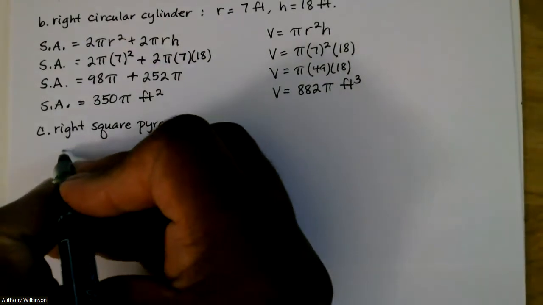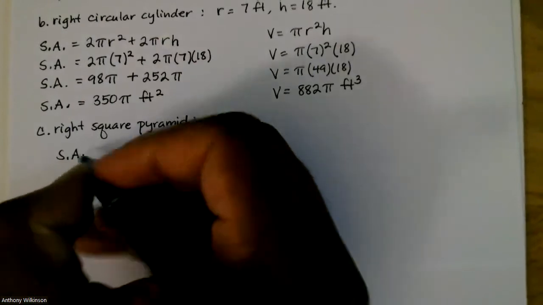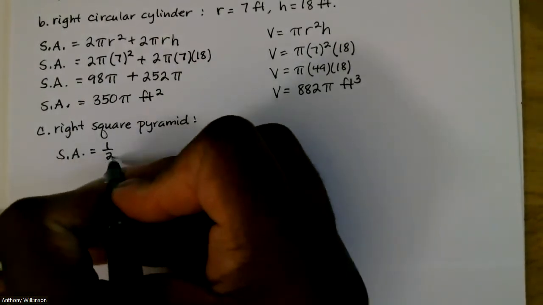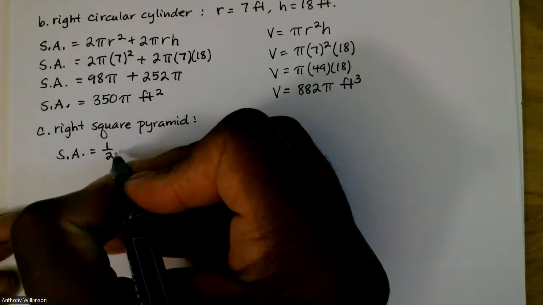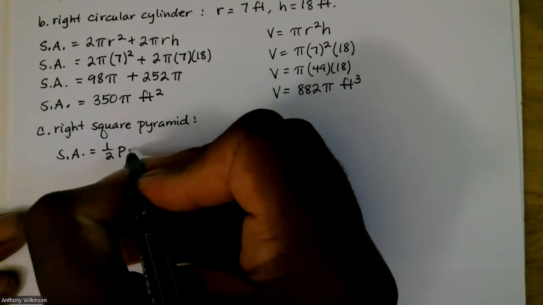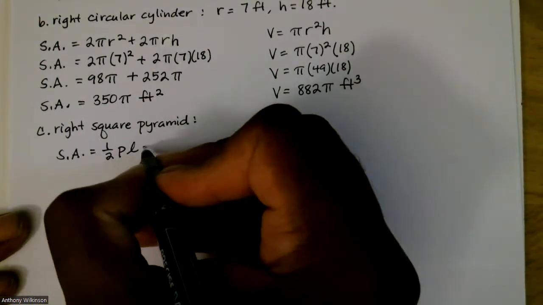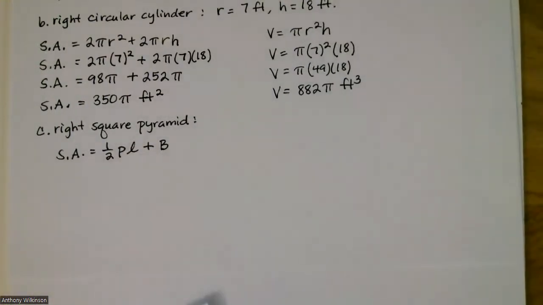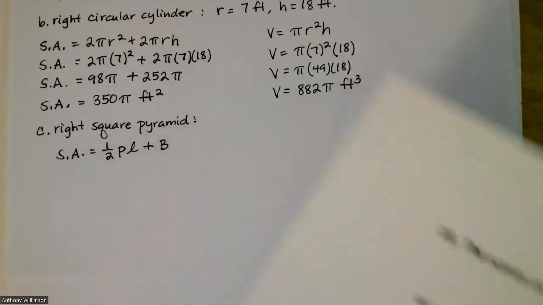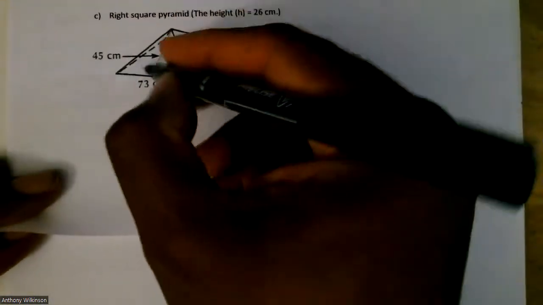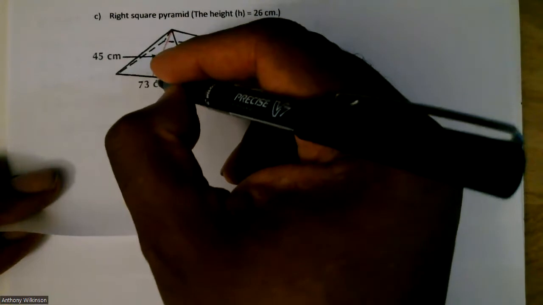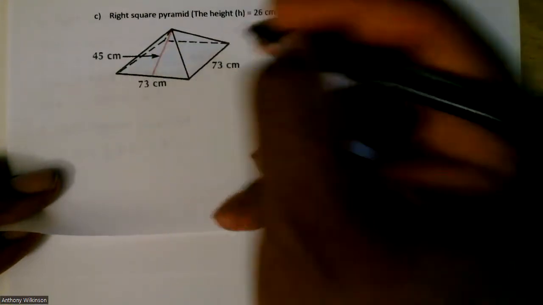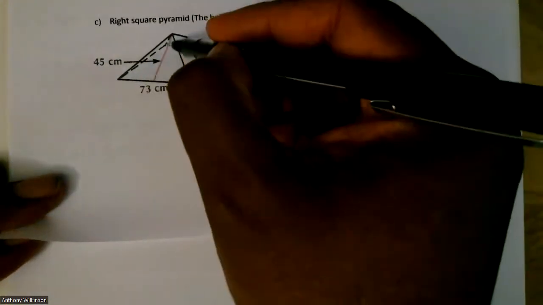Now, actually, the surface area for a right square pyramid, let me go and write that down. That's going to be 1/2 the perimeter times the slant height plus the base. And the base is going to be a square anyway. So if you look at it, it is a square because this side is 73 and that side is 73 centimeters each. This red line, that's your slant height, that's 45.